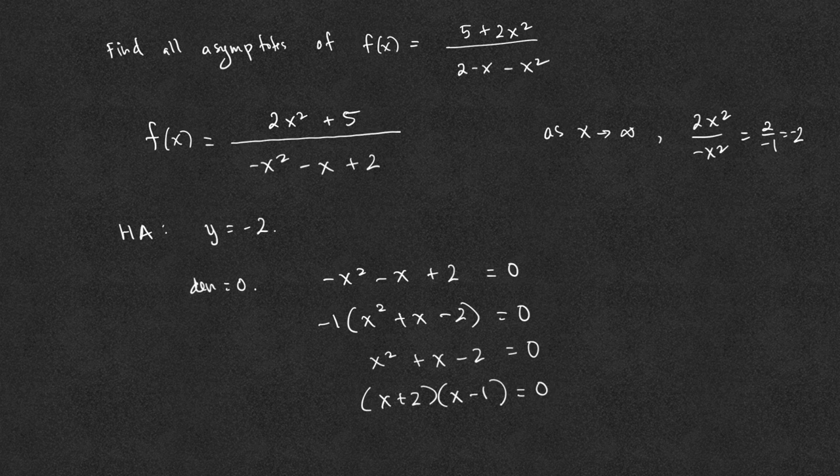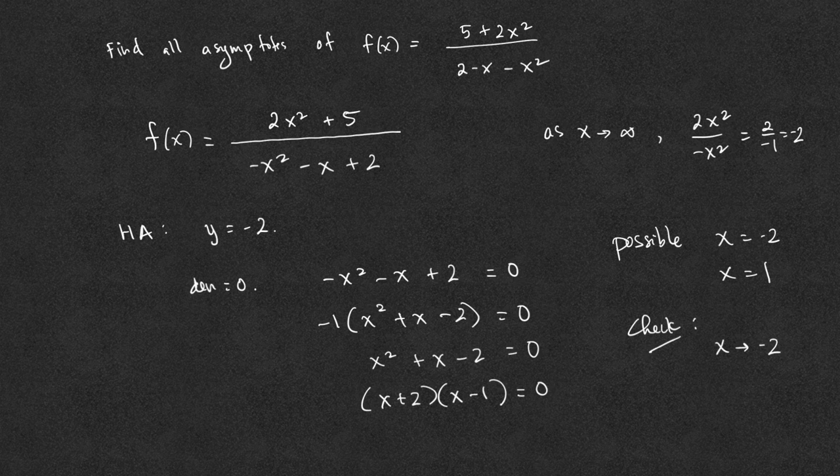And so the possible vertical asymptotes are x equals negative 2 and x equals 1. But we still need to check. The only way to get a vertical asymptote is when x approaches these possible candidates from either the left or the right-hand side, and the function increases or decreases without bound.